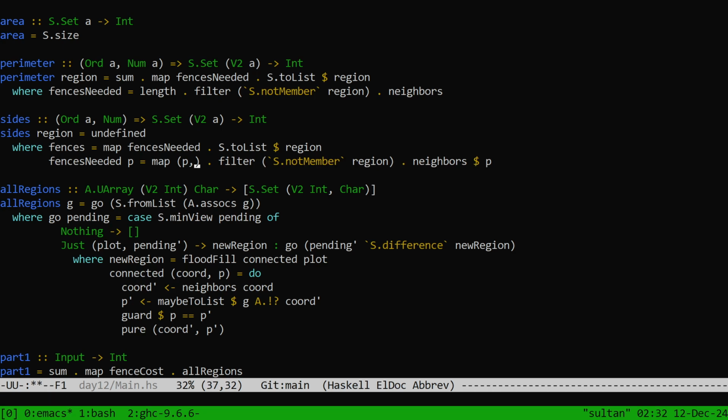And then turn each of those into a tuple, starting with the P that is in the region, and then the position that's not in the region. So now we've computed each of the fences we need to build. And these are unique, as we talked about. There's no way any two positions, any two plots, could want to place the same fence.